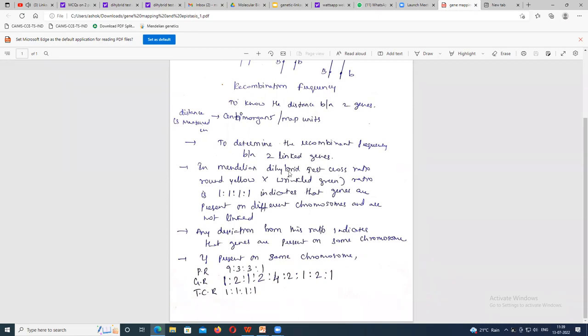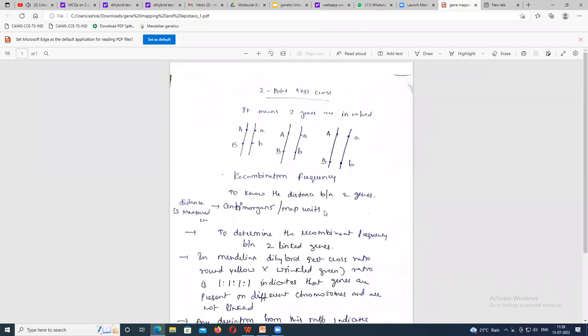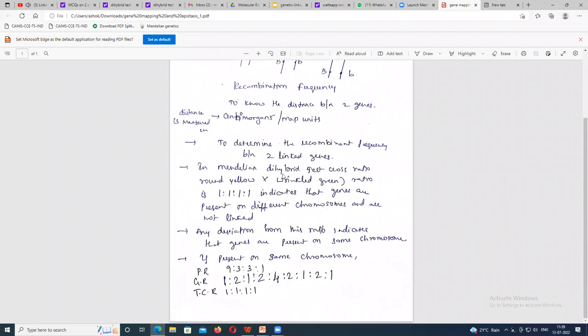So what is the dihybrid F1 genotype? If we take R and W as the gene, what will be the hybrid genotype?